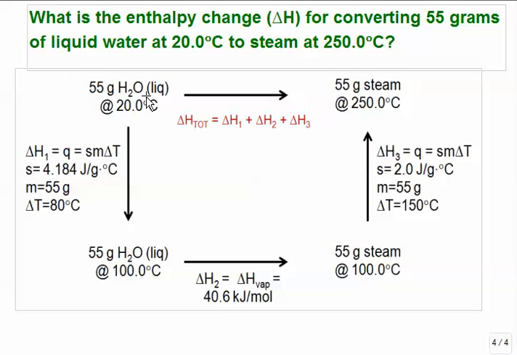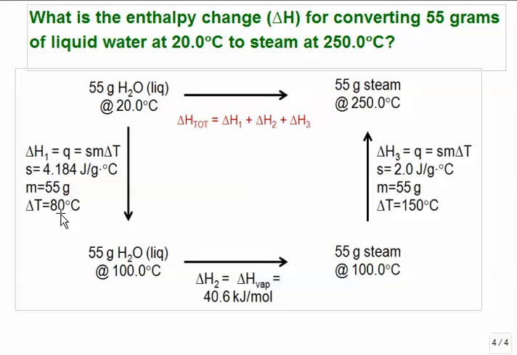We know how to calculate going from liquid water at 20 degrees C to 100 degrees C, its boiling point. Delta H is the same as Q, our heat, which is equal to S m delta T, where S is our specific heat capacity of liquid water, 4.184 joules per gram degree C. Our mass here is 55 grams, and our temperature change, T final minus T initial, is 80 degrees.